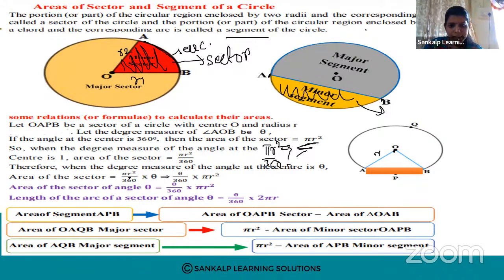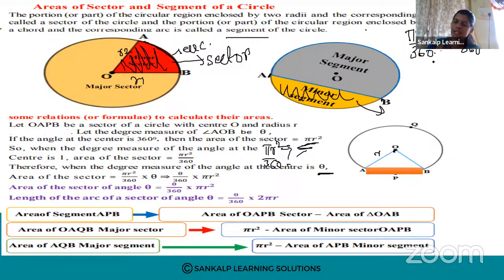Therefore, when the degree measure of the angle at the center is theta, so if it is 1 degree, the area of the sector is pi r square divided by 360. If the angle is theta, then the area of the sector is theta divided by 360 into pi r square.